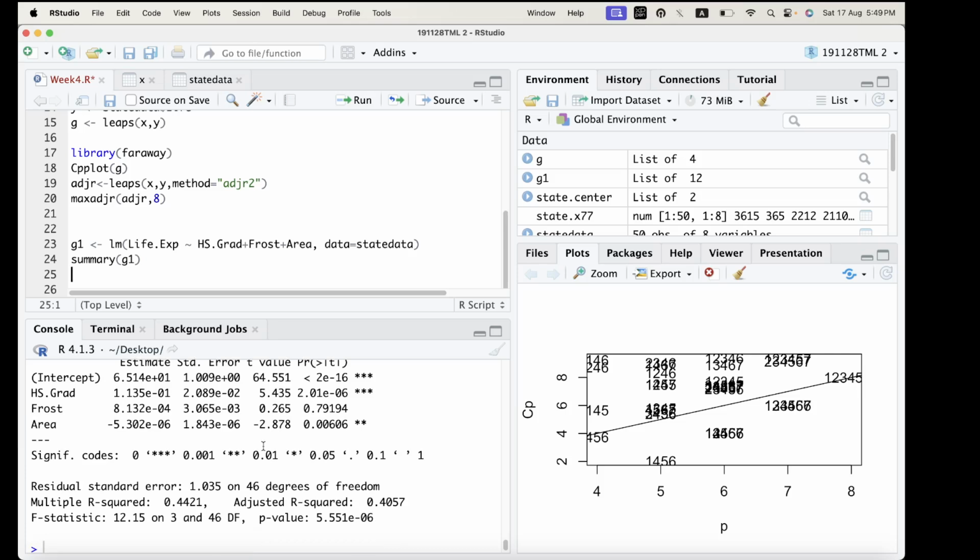So here if we go see, then R square value is decreasing, adjusted R square is also sort of decreasing, but the overall model remains significant.